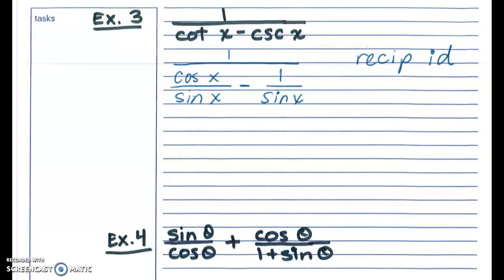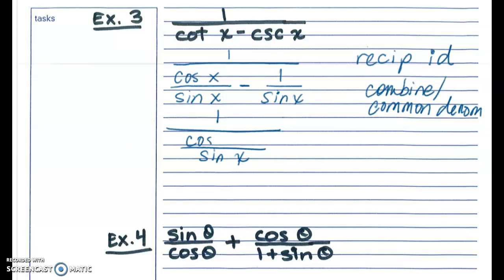Can we clean up the bottom? It already has a common denominator in the bottom, right? So either combine, if you want to call it, or make that common denominator. So it's still 1 over my common denominator of sine x, and that's cosine x minus 1. Make sure you realize that this was my true fraction, right? Okay.